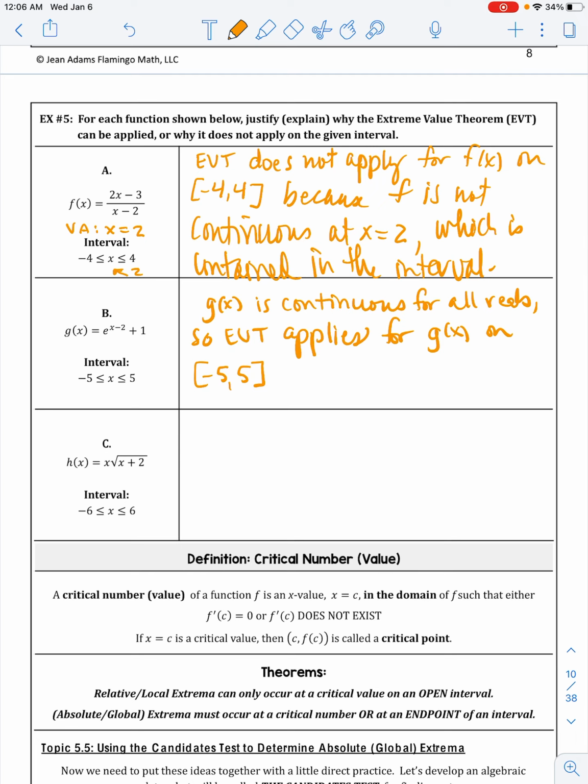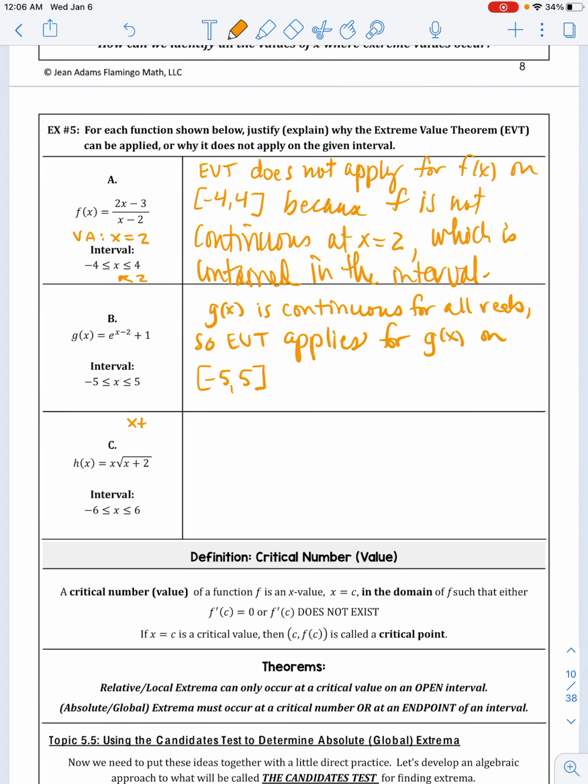Okay, so C. Think about what your domain is here. You know that x plus 2 has to be greater than or equal to 0, so x has to be greater than or equal to negative 2. And so on an interval where, like, negative 6, negative 5, negative 4, negative 3, none of those are in the domain of the function. So we are going to have a problem. There's not going to be continuity.